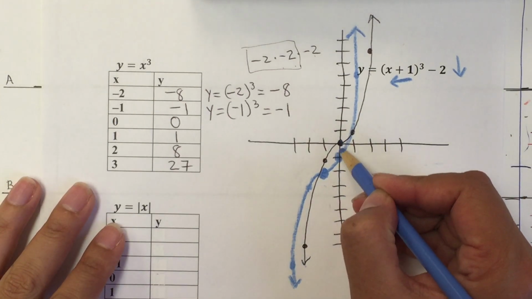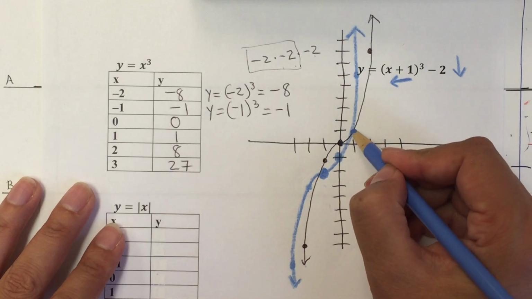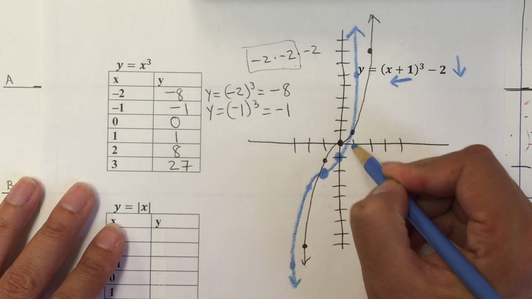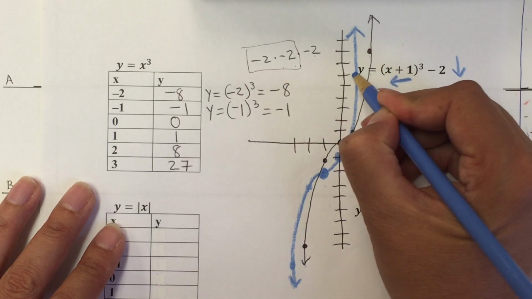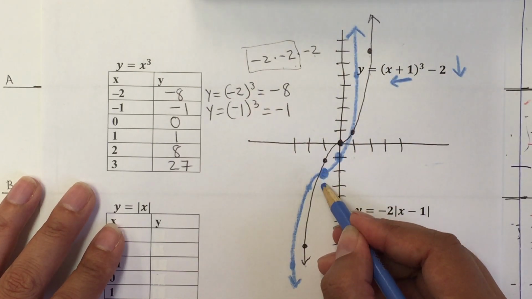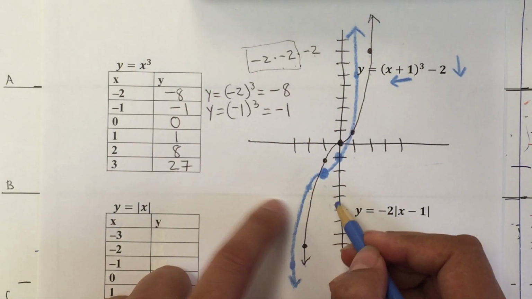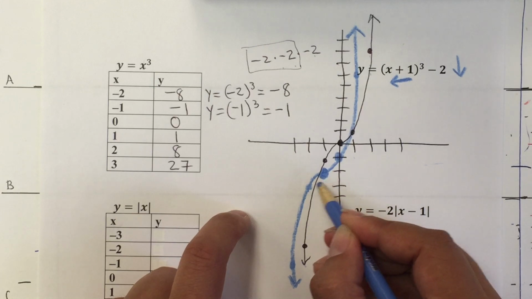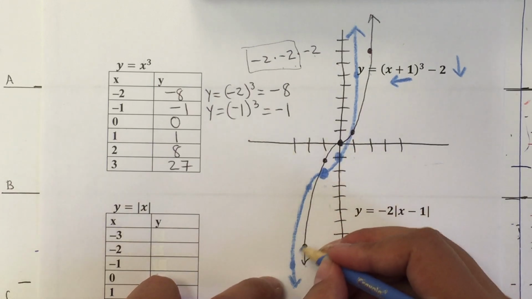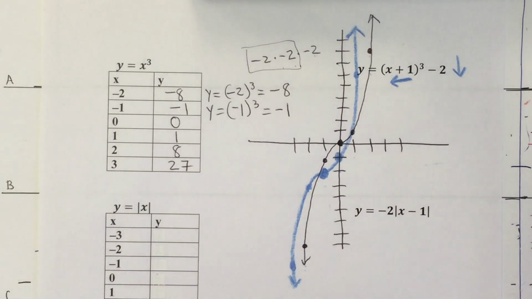Again, 1, 2, and that's the center. For this one, 1, 2, and 1. 1, 2, going 2 down, and 1 to the left, and 1, 2, and 1 to the left.